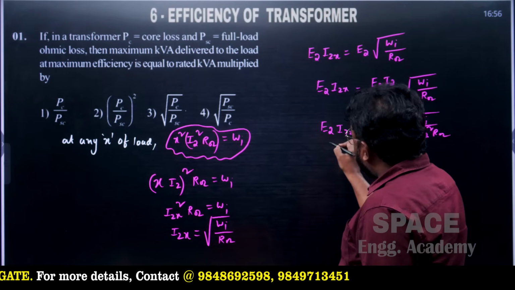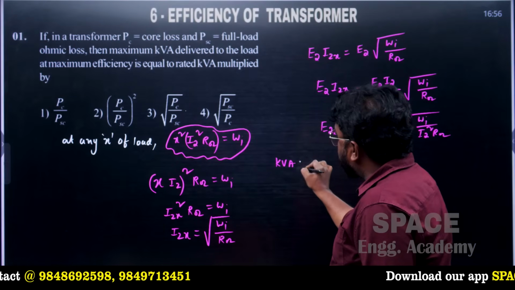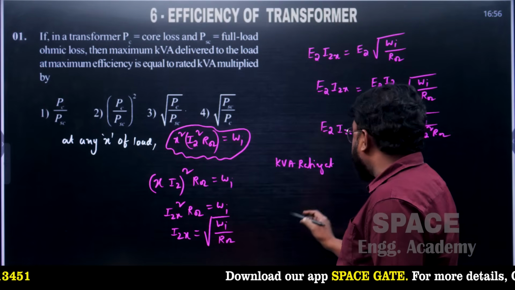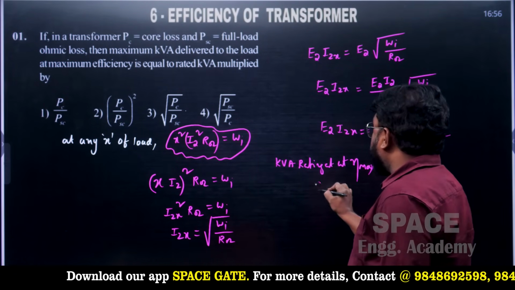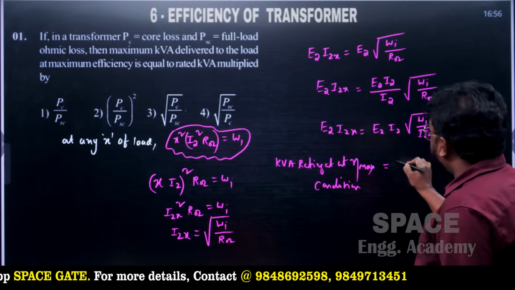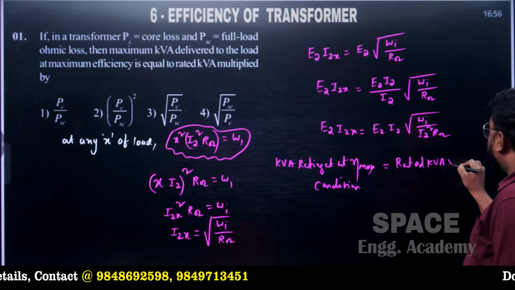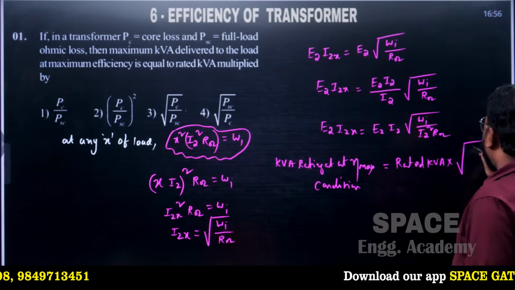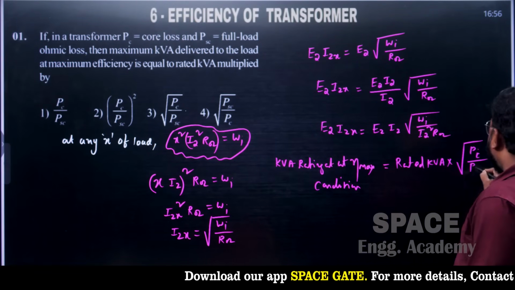So the kVA rating at the maximum efficiency condition is the rated kVA multiplied by under root of iron losses over ohmic losses. Iron losses are denoted by PC and ohmic losses, the copper losses, by PSC.